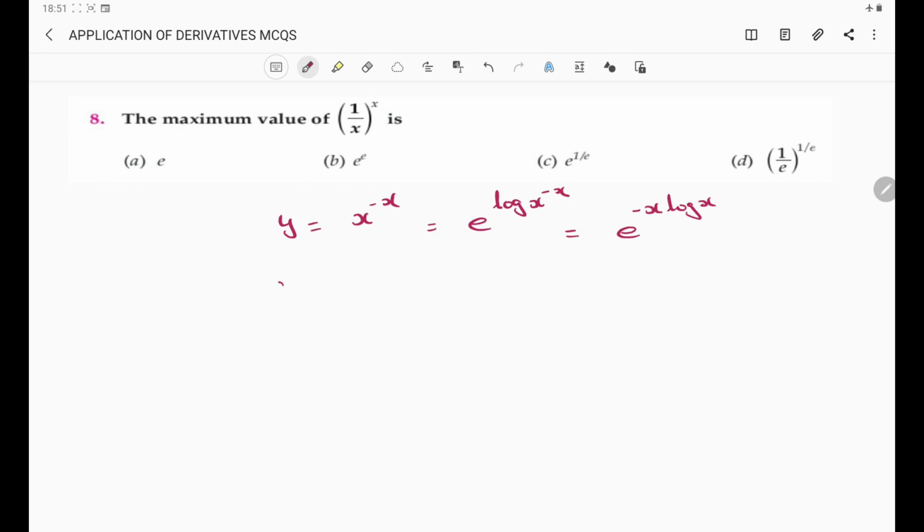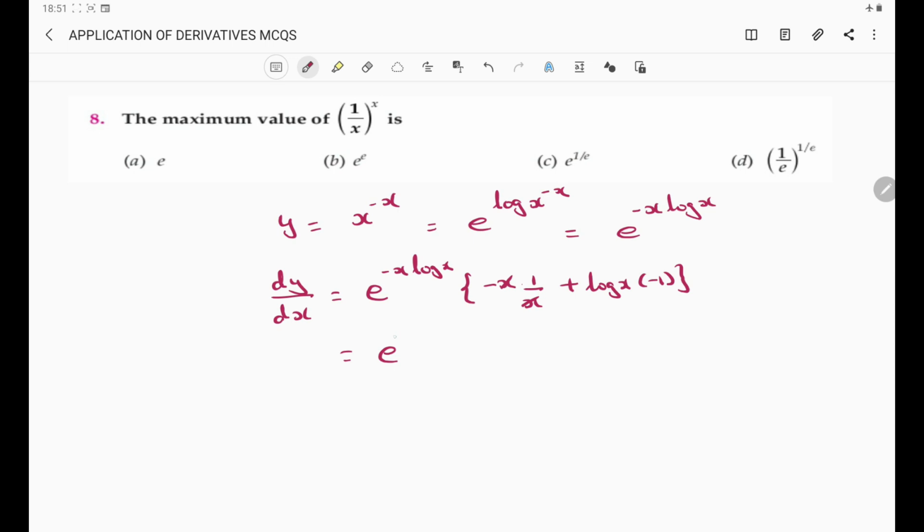Now we find dy by dx by using the chain rule. dy by dx is equal to e to the power of minus x log x into the derivative of minus x log x. So that is minus x into the derivative of log x, which is 1 by x, plus log x into the derivative of minus x, which is minus 1. So x and x get cancelled here.